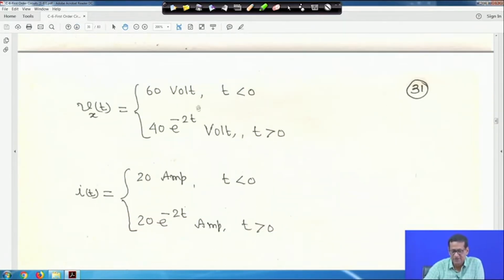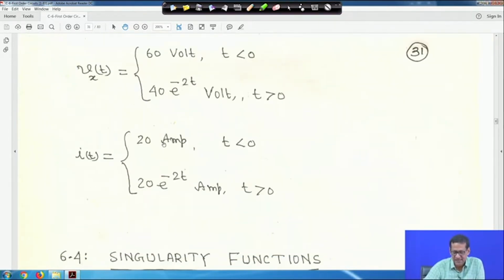Similarly for voltage, we got 60 volt for t less than or equal to 0, and 40 e to the power minus 2t after that. When you mention this, at that time Vx(t) is equal to 60 volt. If you don't mention it, then we assume the initial value is 0, but for t less than 0 it is 60 volt.